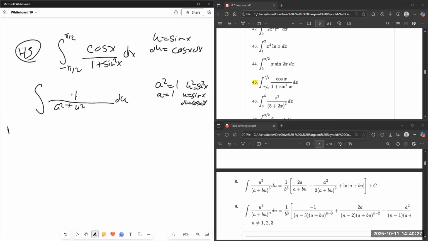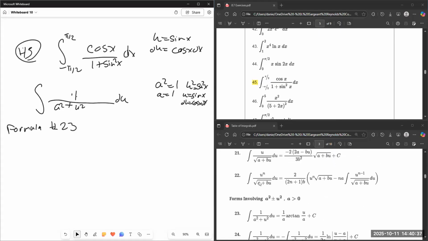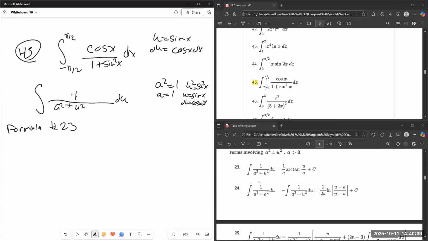So using formula number 23, which says integral 1 over a squared plus u squared du is 1 over a arc tangent of u over a plus c.